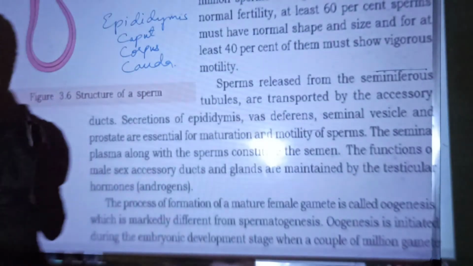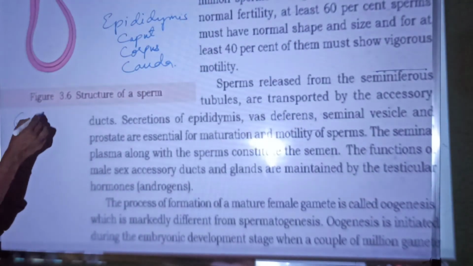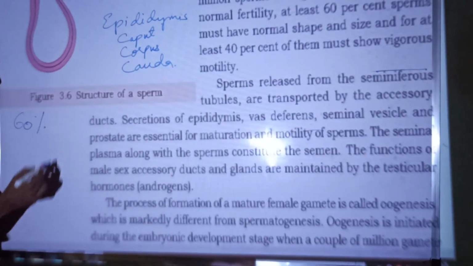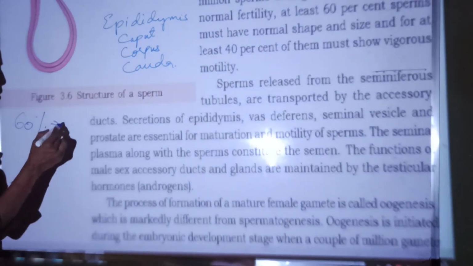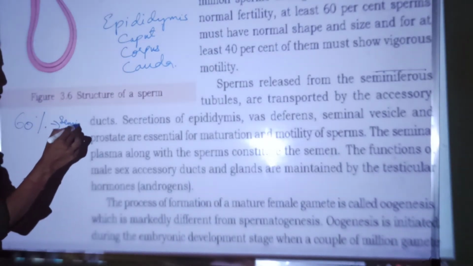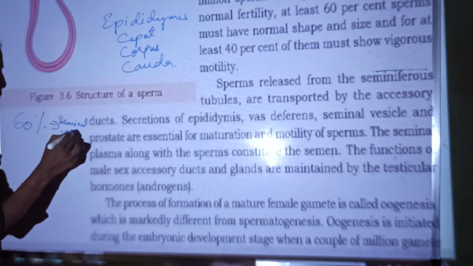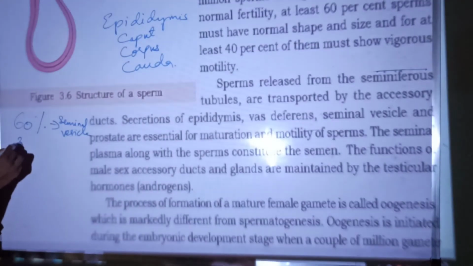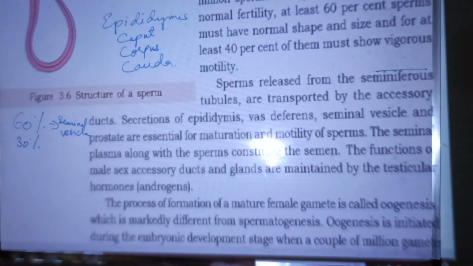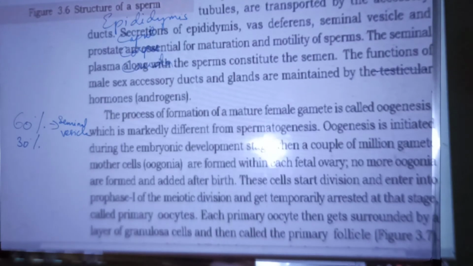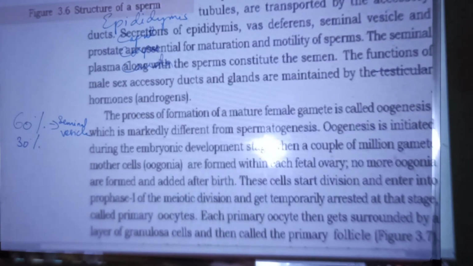60% of the semen consists of the fluid from the seminal vesicle, and 30% from the prostate gland, which releases basically an alkaline secretion.